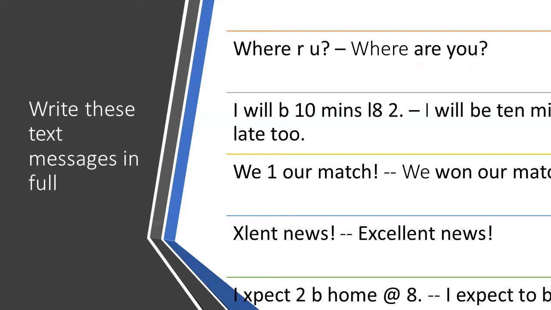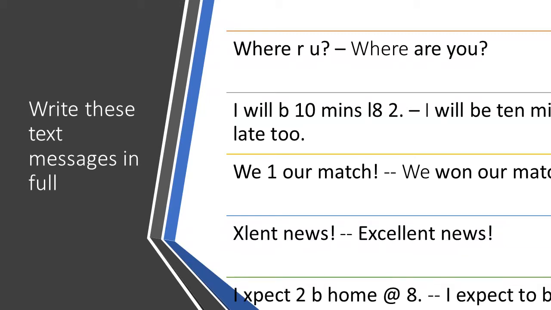So where are you would be written in full. I will be 10 minutes late too. You can see it written on the picture. We won our match. Excellent news. I expect to be home at 8. In the same way, do the rest of the exercise.